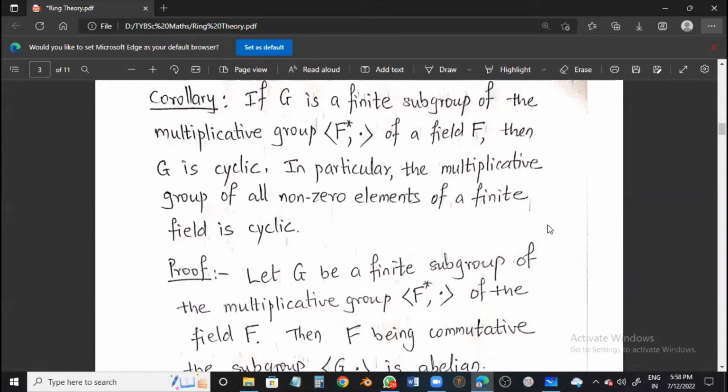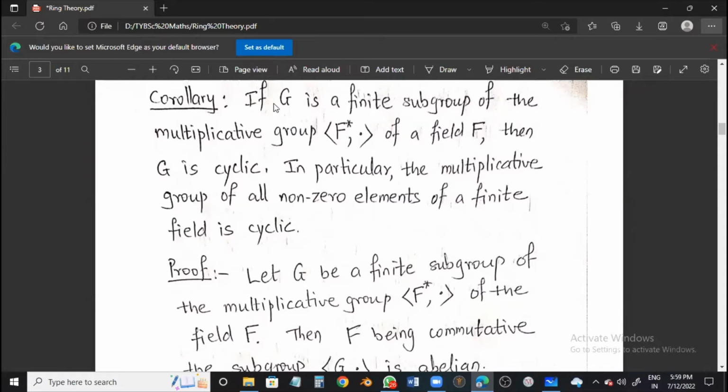Why F star? So we are not taking 0. You know very well 0 is not invertible. We leave 0. Is it so? We always talk about non-zero elements to be invertible. So F star comma dot we have taken. Then G is cyclic.